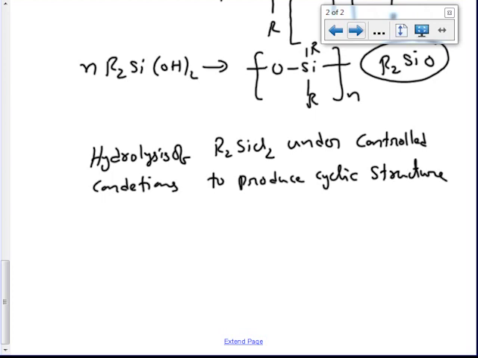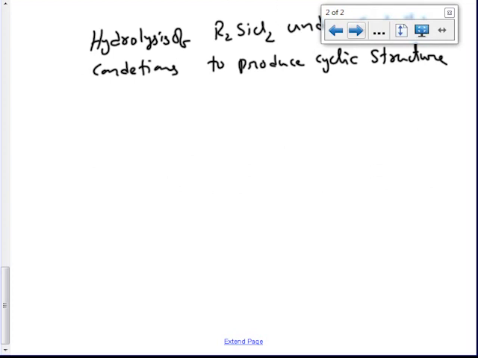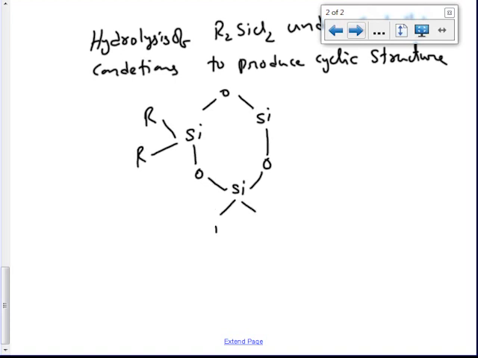I write the same hydrolysis, that is the R2SiO linkage only, but in the form of a cyclic. With 3 moles, we get the cyclic form like our benzene ring.